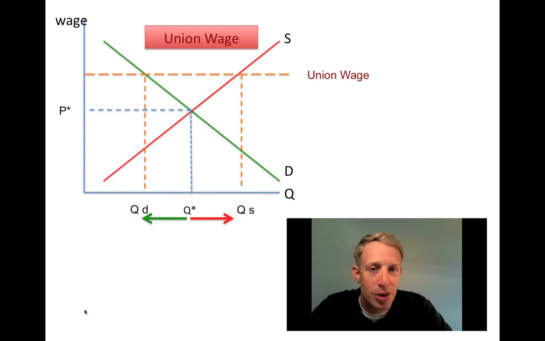That difference between the demand and the supply, in this case, is called unemployment. The difference between this example and the minimum wage example is that this wage is imposed upon the market by the workers themselves. This union wage creates unemployment, as long as that wage is above the market wage.